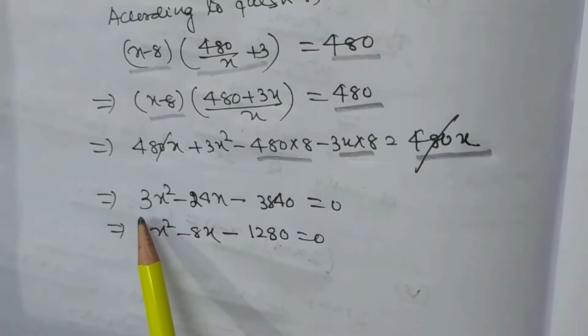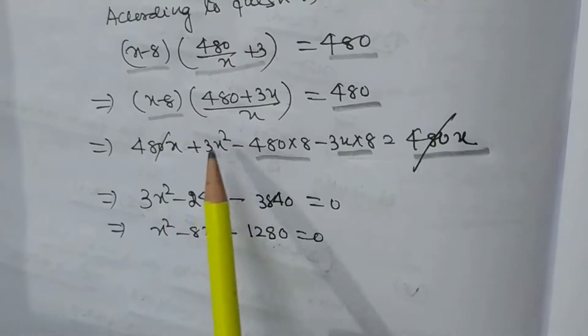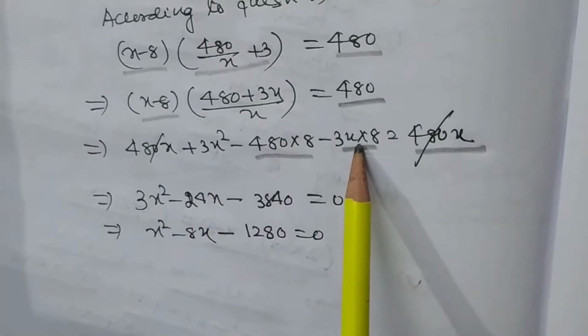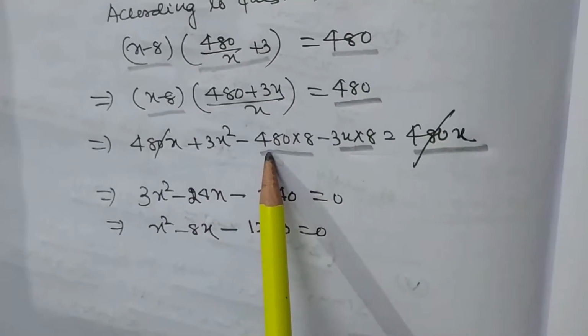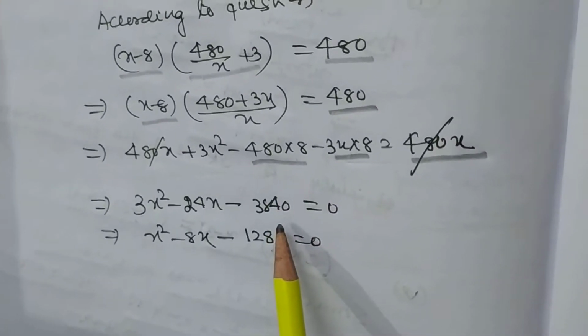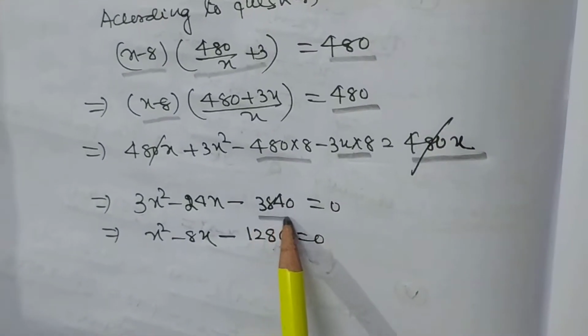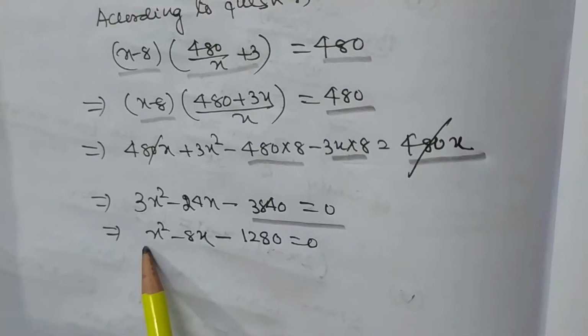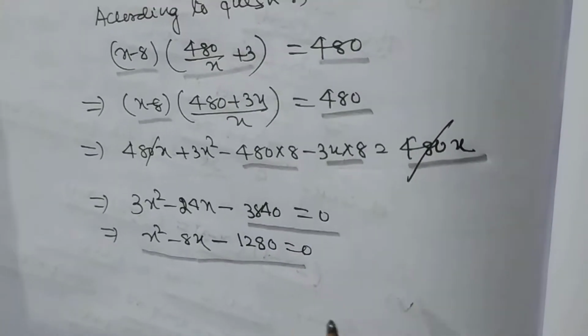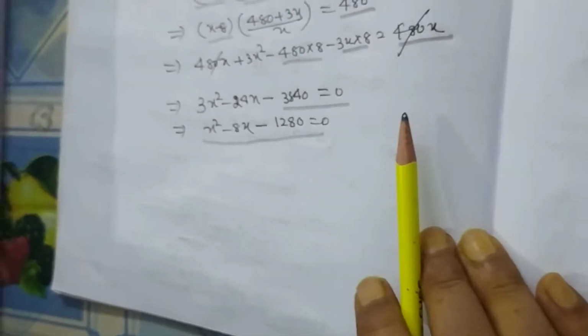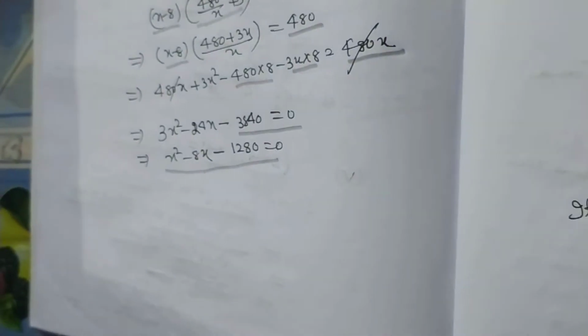So after simplifying, we have 3x square minus 24x minus 480 into 8, that is 3840, is equal to 0. So it will be x square minus 8x minus 1280, if you take common 3, it will give you this answer.